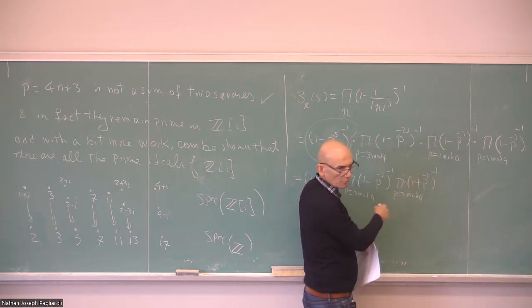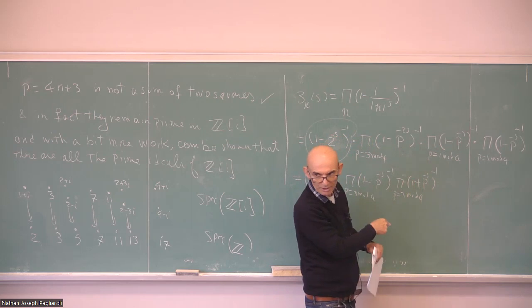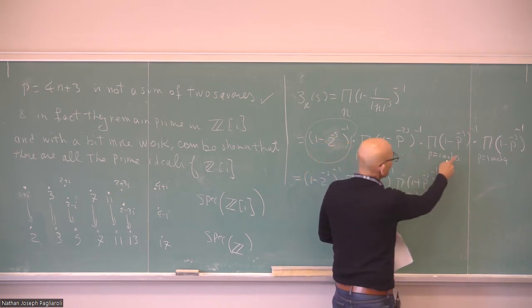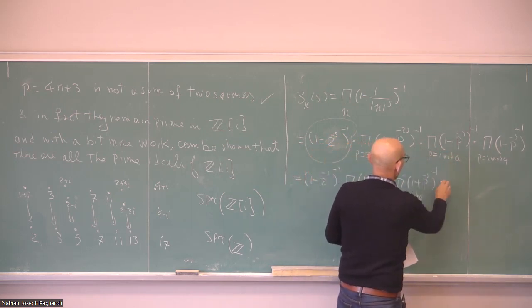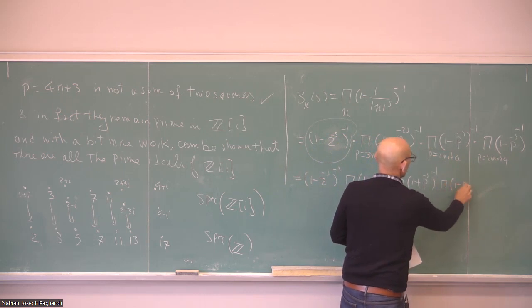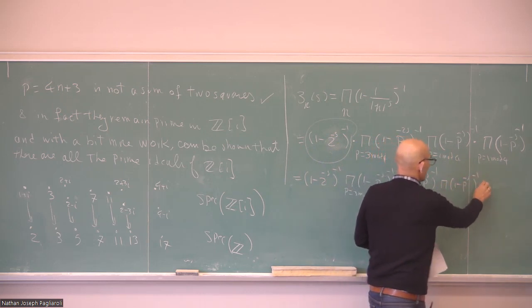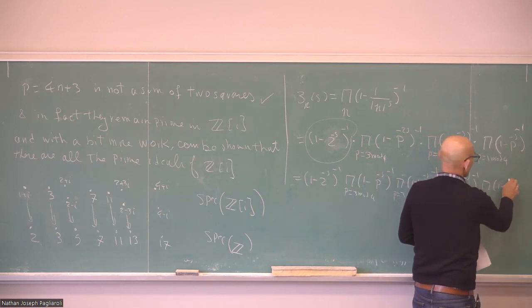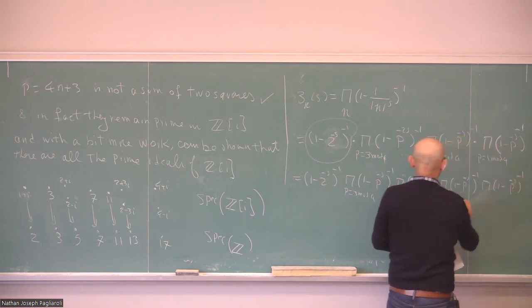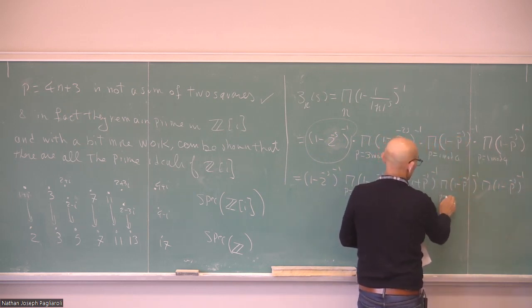See, 1 minus p squared, I just write 1 minus p times 1 plus p. And then here, the product of (1 minus p to the minus s) to the minus 1, and again the product of (1 minus p to the minus s) to the minus 1. This is doubled, so this is p equal to 1 mod 4, sorry.